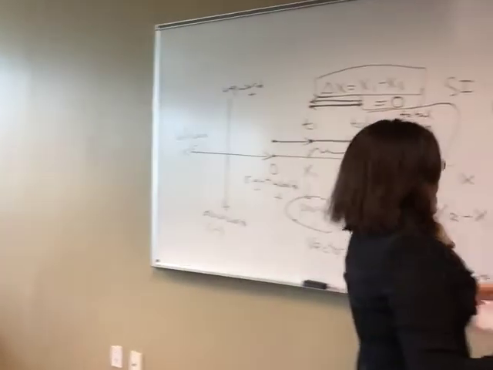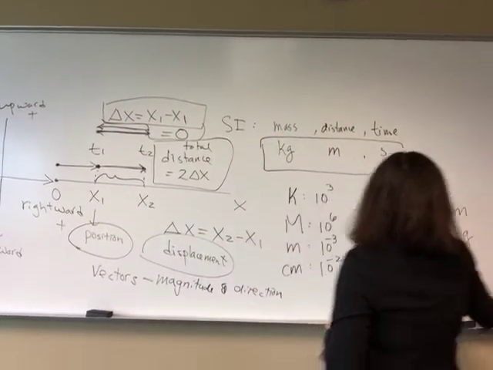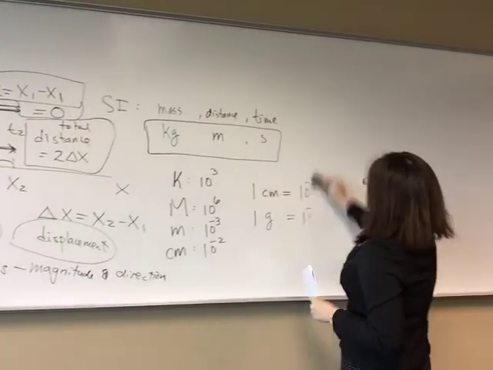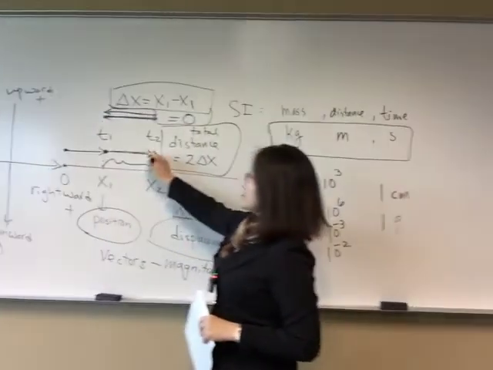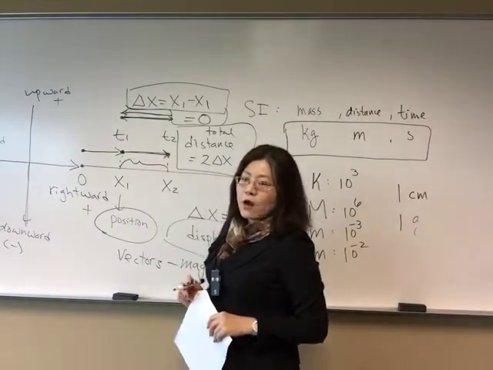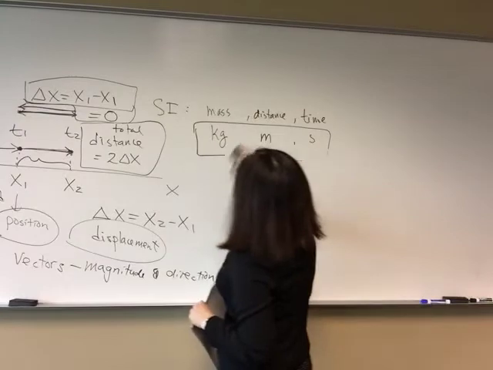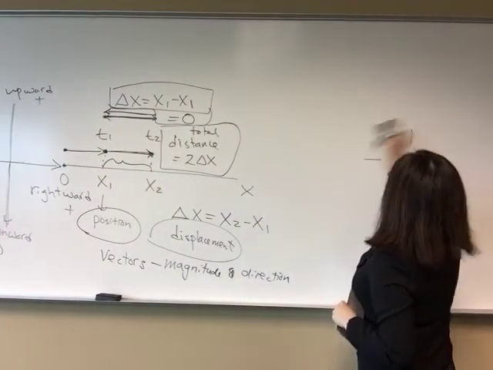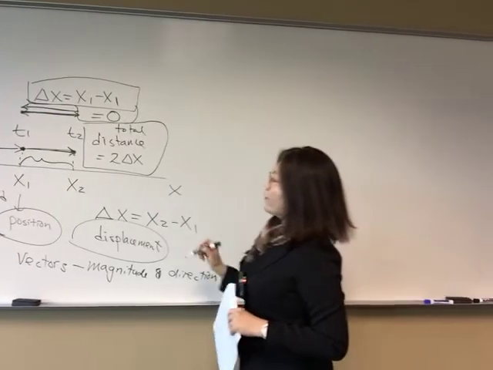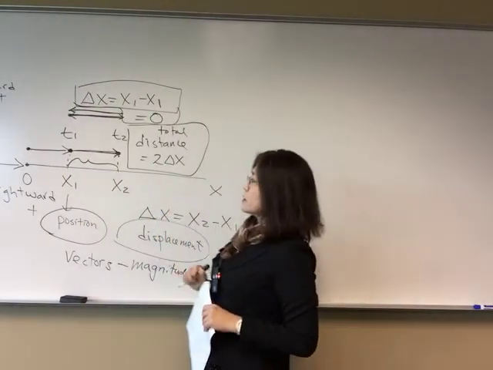Okay, now we have this displacement. How do we define average velocity? In other words, when you have an object moving from x1 to x2, what is the average velocity? By definition, average velocity is a ratio of the total displacement to the time that it took for that displacement to happen.